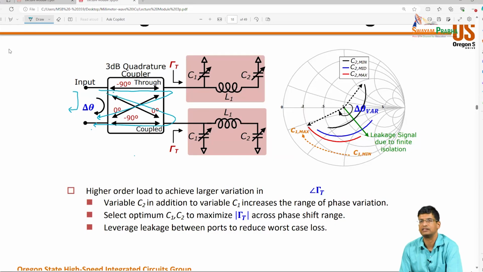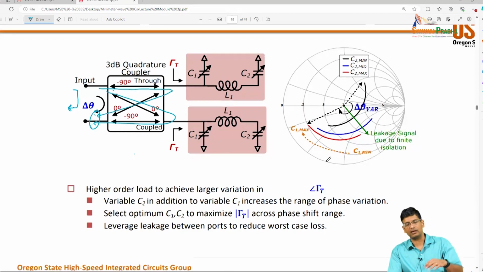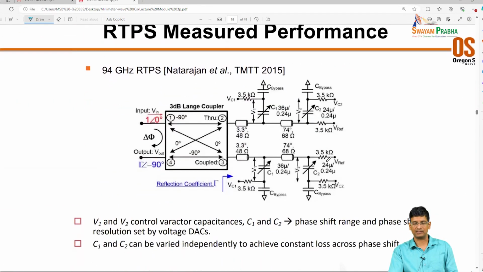So you have these three signals that are adding up. And if these two are in phase, but that is out of phase with this reflected signal, you will see a lot of loss, right? So you can try to choose regions of the termination so that you avoid this leakage signal. And with those design principles, this is an example implementation at 94 gigahertz.